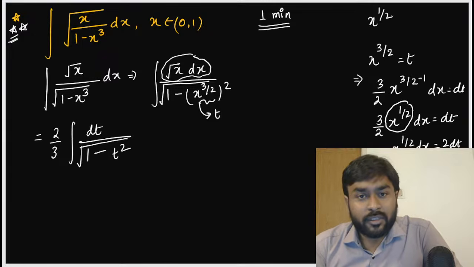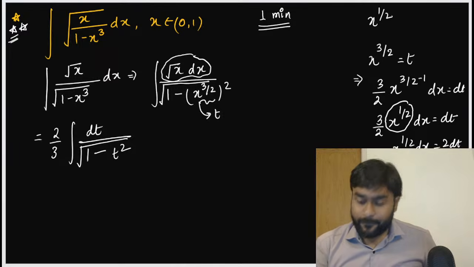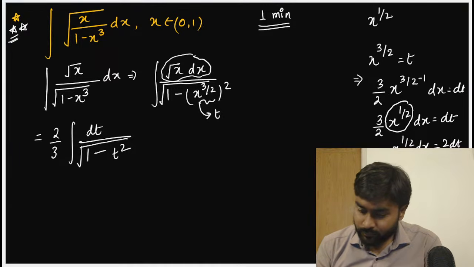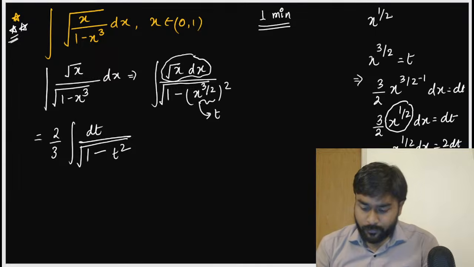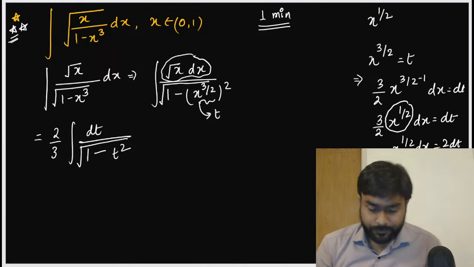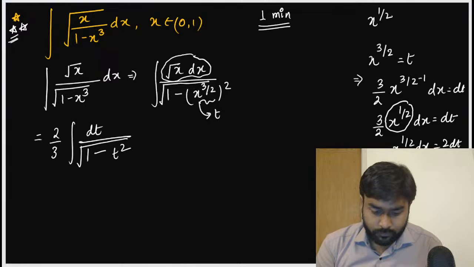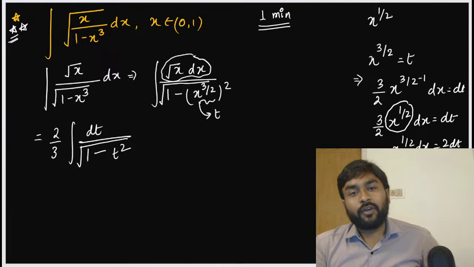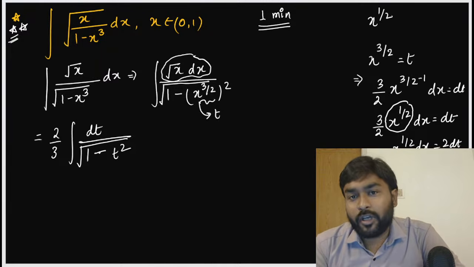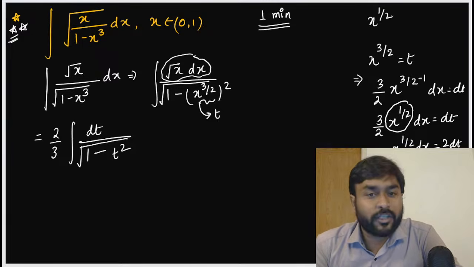Now I will ask, tell me after this line what we should write. Okay, after this line, we will write the formula of sine inverse x, because this is becoming dx by root of 1 minus x square.